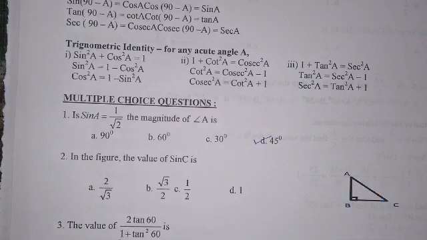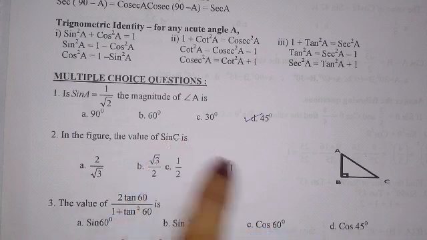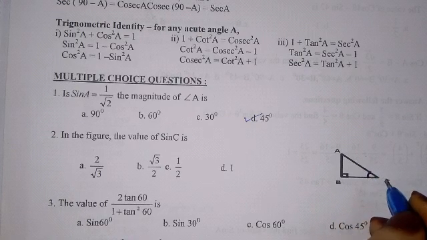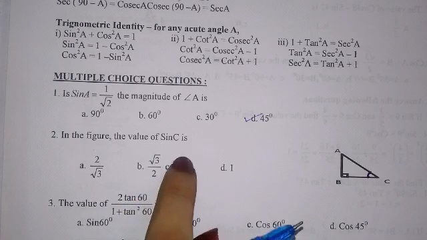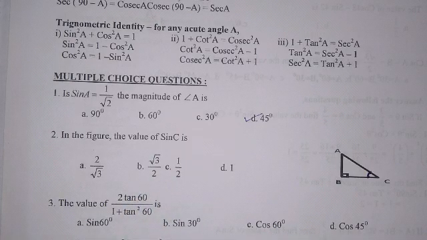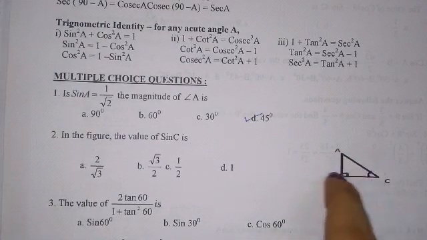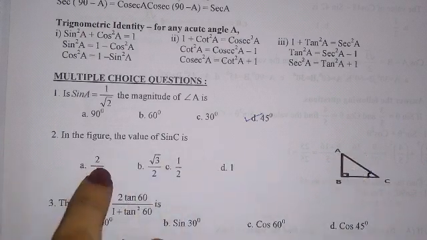Okay, the next question. In the figure, the value of sin C is, options A 2 by root 3, B root 3 by 2, C 1 by 2. See, actually here the question is incomplete. In the figure the values are not mentioned. By mistake they have not mentioned the values, I guess. So the values should be given, based on the options they have given.